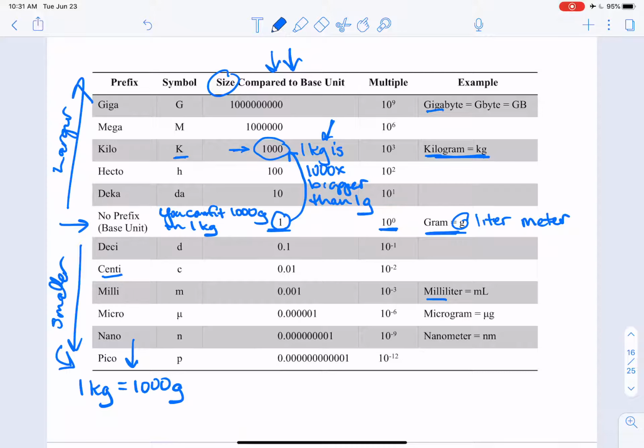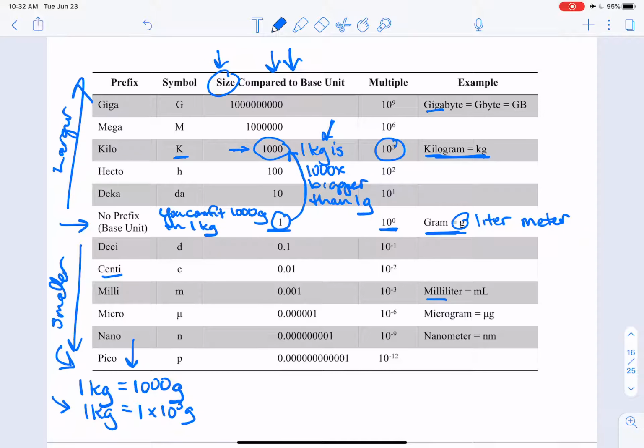So right here, again, it's talking about the size of that. Now, the other way that we could write this statement might be that 1 kilogram is equal to 1 times 10 to the what? 10 to the third grams. And you'll see the 10 to the third up there. But again, that 10 to the third doesn't go with the kilogram here. It seems like it's opposite.